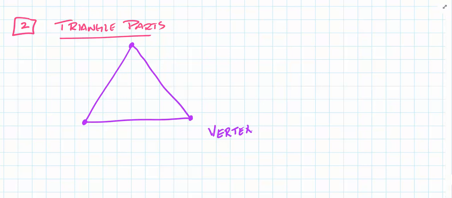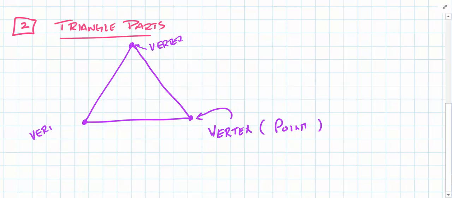How would you classify what the vertex is? It's a point. Very good. The vertex is simply a point, and it is a point right there. This one up here is also a vertex, and this is also a vertex over here. So I have 3 vertices in a triangle.